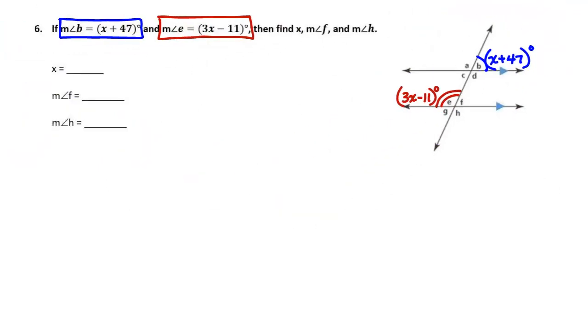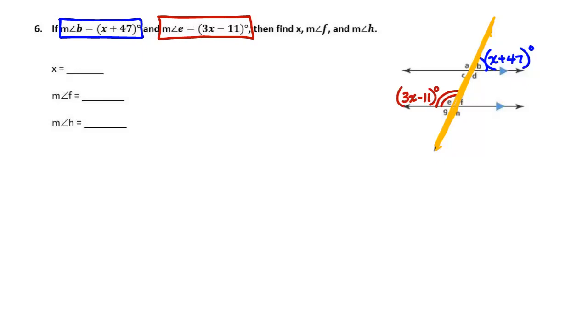And I'm supposed to find x. In this picture, this right here would be my transversal because it touches both of those angles, right? Are both of those angles interior angles? Are both of those angles exterior angles? They're not both interior. They're not both exterior. I've got one of each.